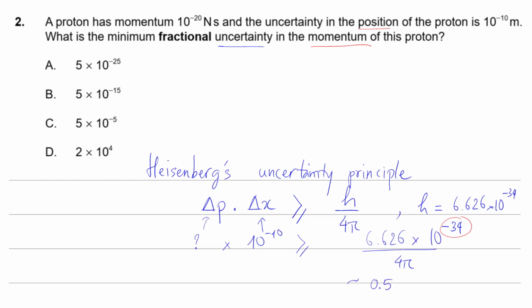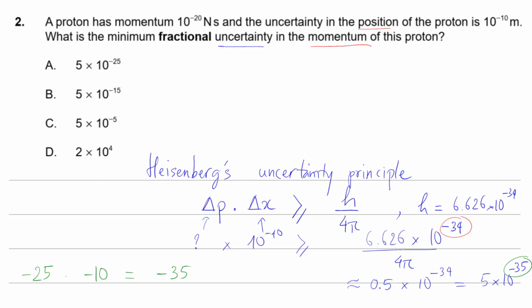So about, this is just an approximation, okay? 0.5 times 10 to negative 34, and we can rewrite it like 5 times 10 to negative 35. Note carefully this power. So in order to get the minus 35 power on the right side, on the left side we already have minus 10, so the power of the uncertainty in momentum has to be minus 25.